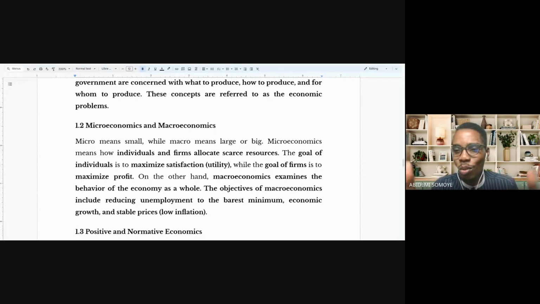The society allows for monopoly, but you want to make the most money so that you can invest back into your company, expand your business, and contribute to the society, which we usually call corporate social responsibility. So the goal of individuals is to maximize satisfaction, which is utility, while the goal of firms is to maximize profit.